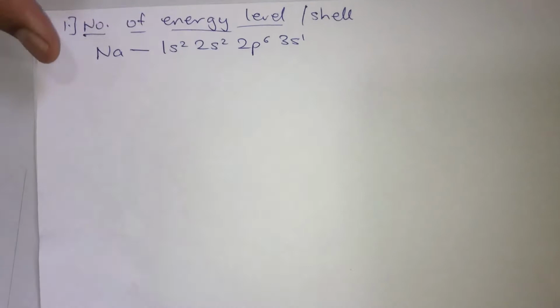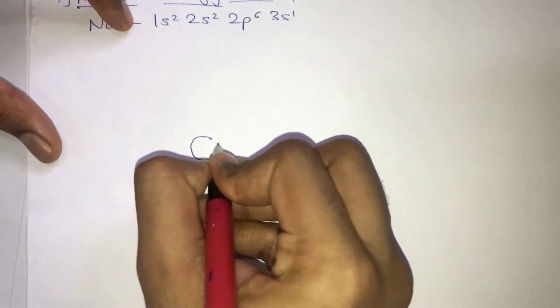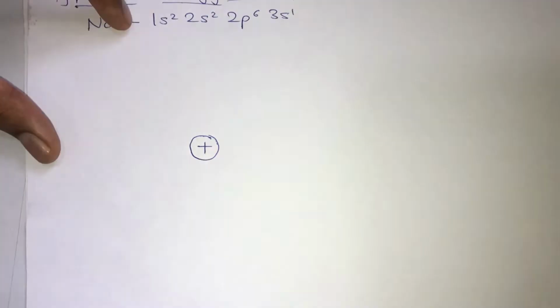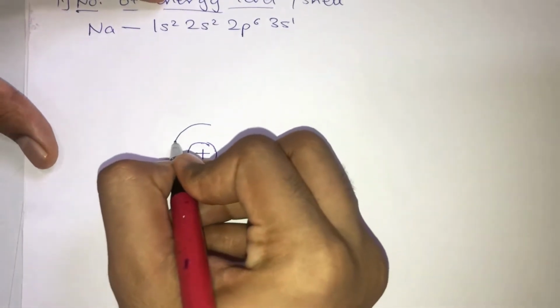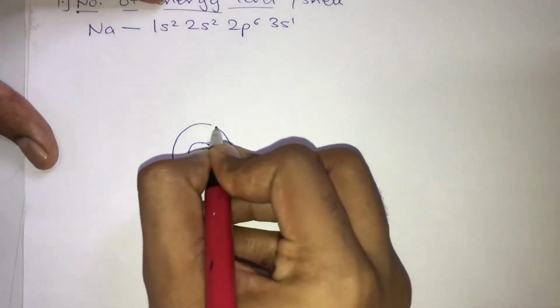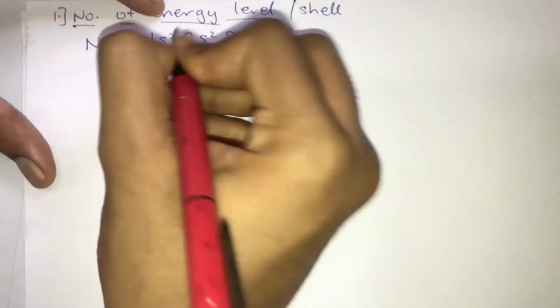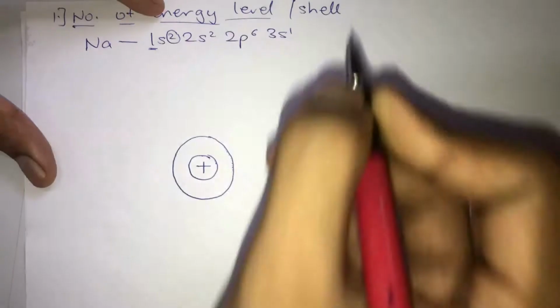Now if I want to show this sodium atom diagrammatically, first of all I am going to draw a positively charged nucleus over here. Now in the first energy level, there are only two electrons present.